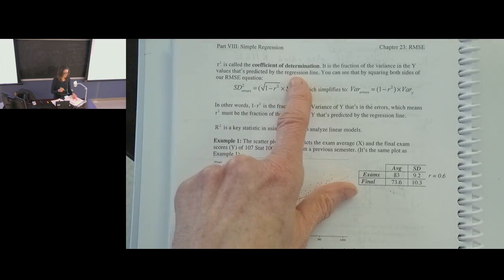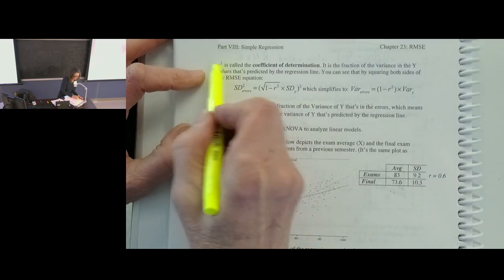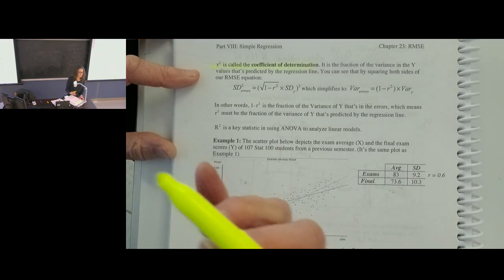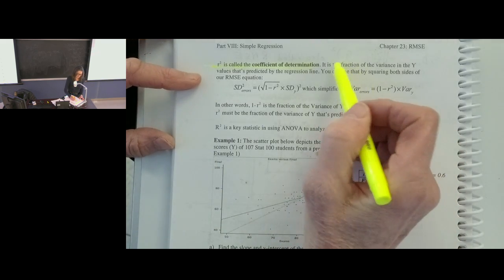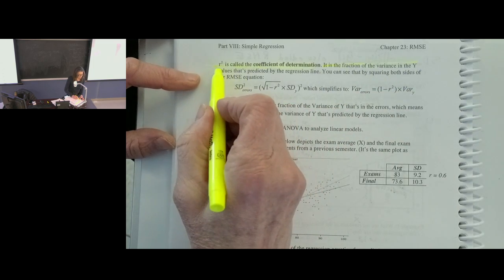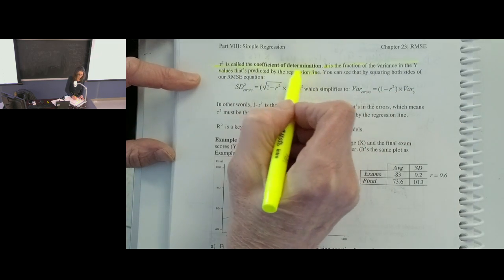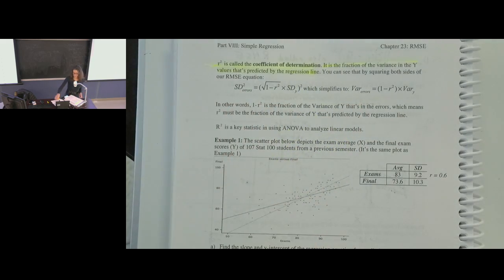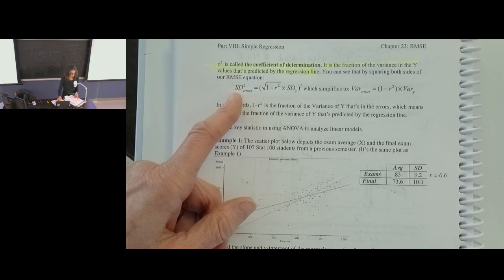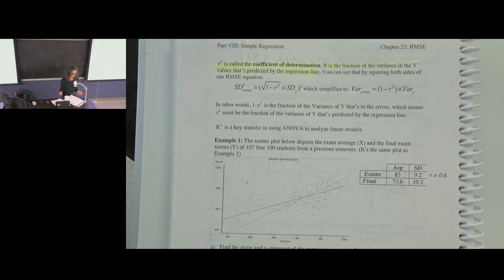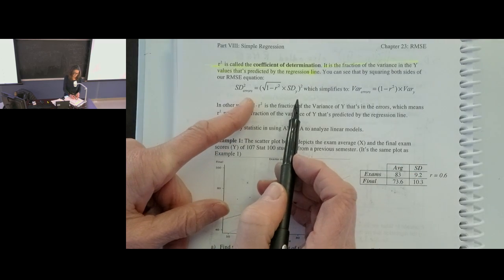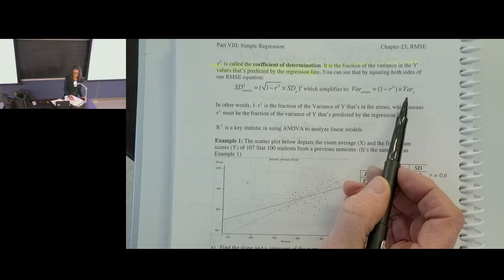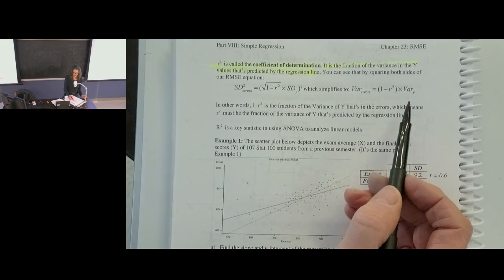I don't know if you've heard this before, but it's widely used because it's the fraction of the variance of y that's explained or predicted by the regression line. You can just see this by squaring both sides. The standard deviation of the errors squared gives you the variance of the errors. And on this side, you get 1 minus r squared times the standard deviation of y squared, which is the variance of y.